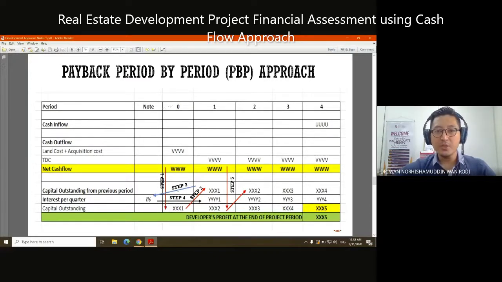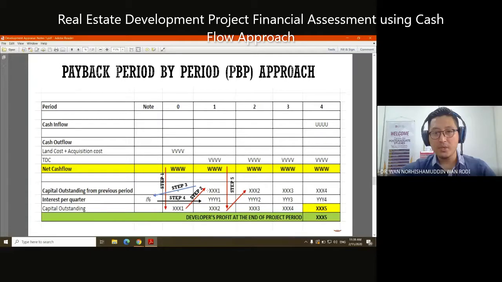Okay, and then we move into period 1. To estimate the capital outstanding from the previous period in period 1, you have to bring the capital outstanding from period 0 into period 1's capital outstanding from previous period. You can refer to this one.